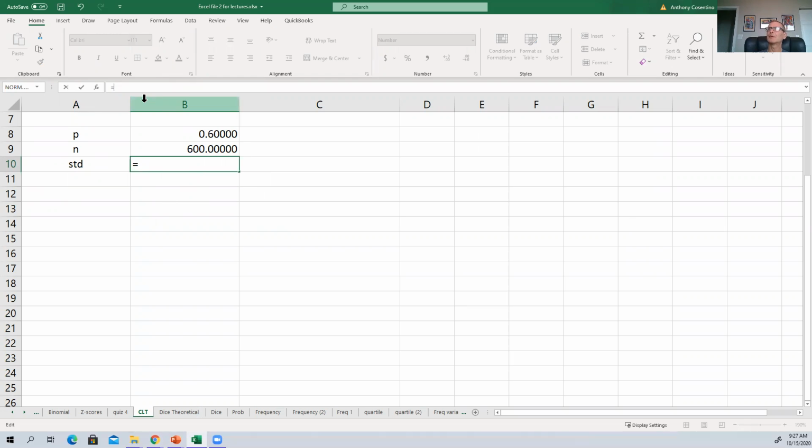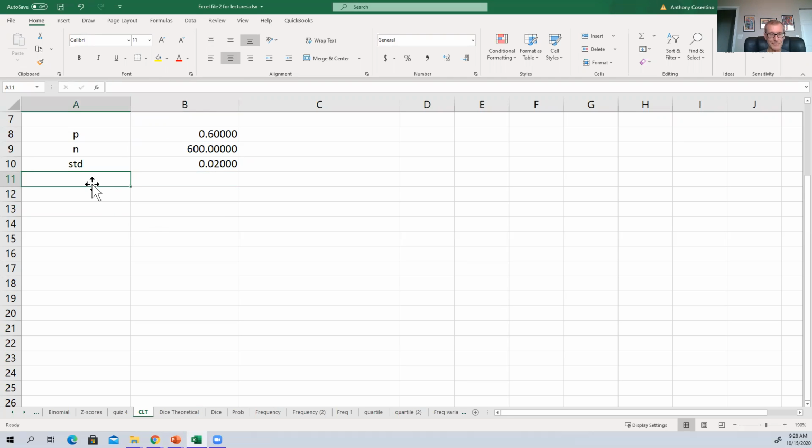So that would be equals 0.6 times 1 minus 0.6, and then you want to divide by n. You could just plop n in there if you want. And then you take it to shift 6, 0.5 is square root and the exponent. And you can see you get 2%. So the standard deviation using this central limit theorem with that big of a sample size, which is nice, is 2%.